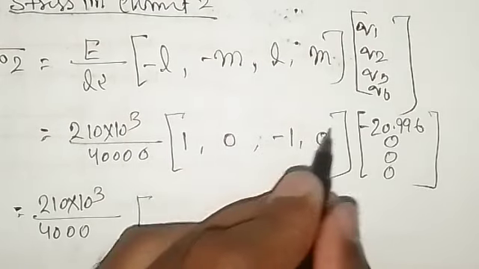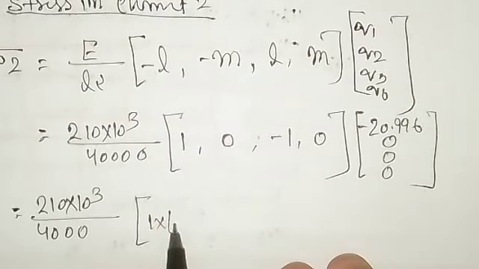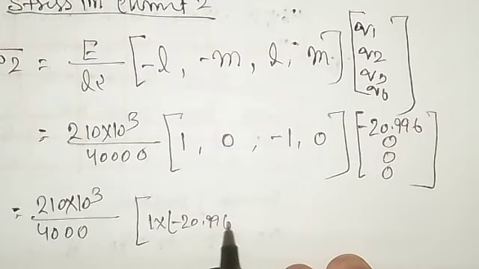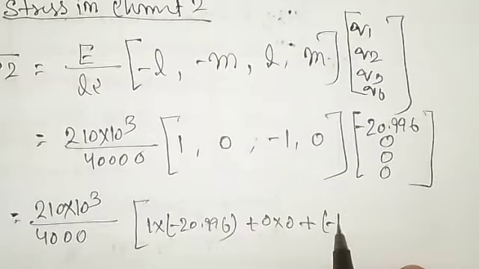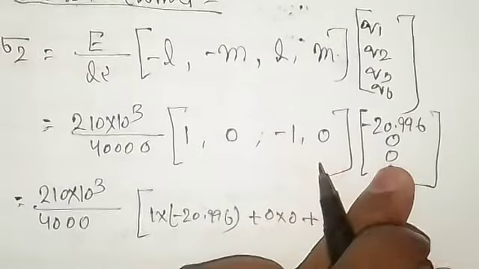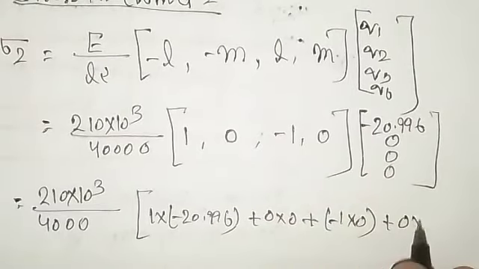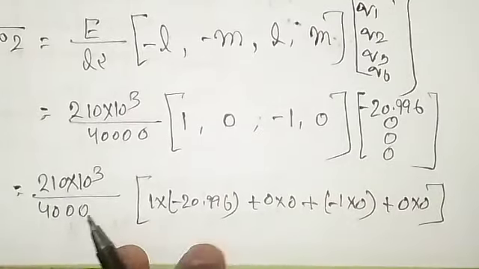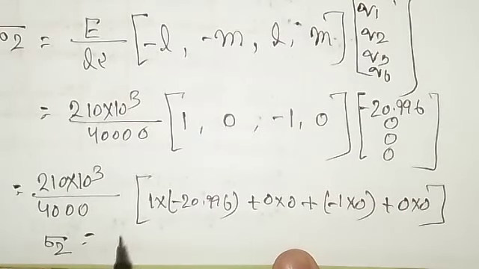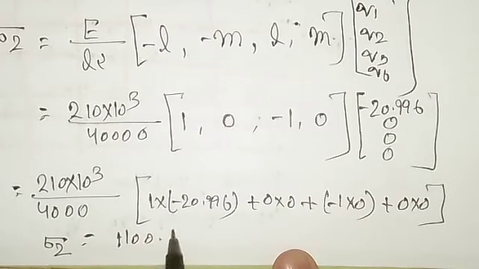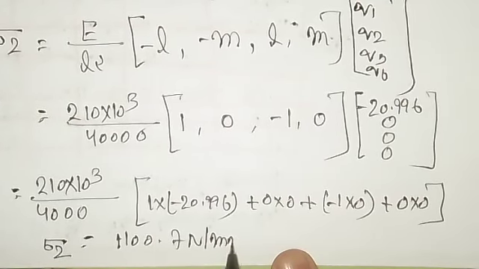And 1 into minus 20.996 plus 0 into 0 plus minus 1 into 0, plus 0 into 0, right? On simplification, you'll get sigma 2 equal to 1100.7 Newton per mm square.